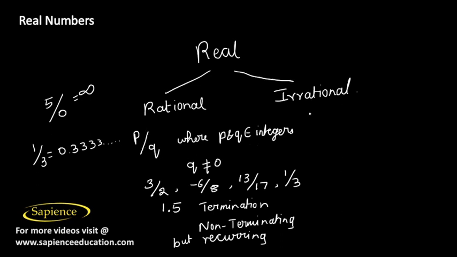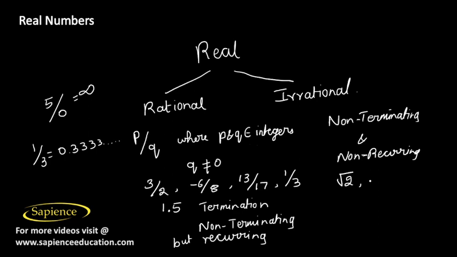But irrational numbers cannot be represented in the form p by q. The decimal form of irrational numbers will be non-terminating and also non-recurring. Some examples of irrational numbers are square root of 2, cube root of 3.